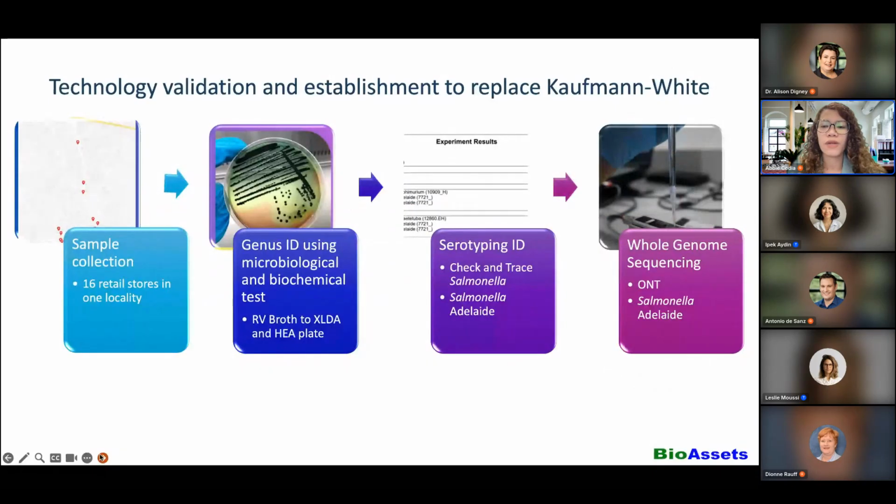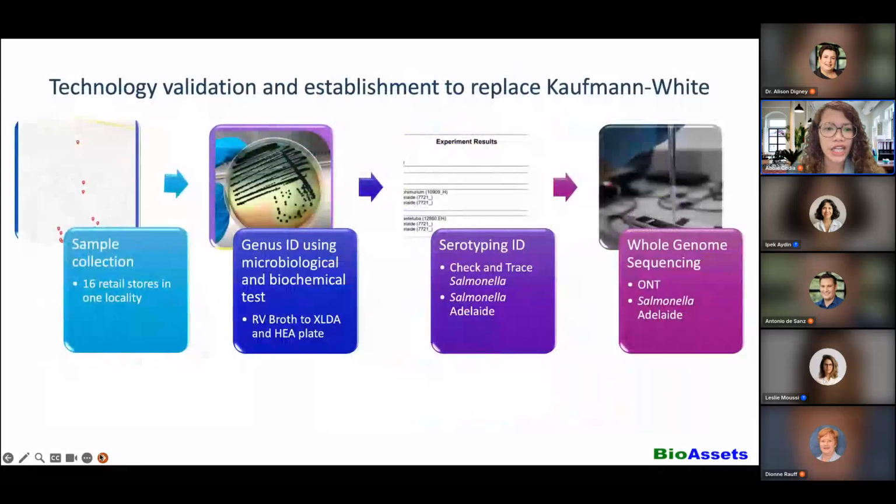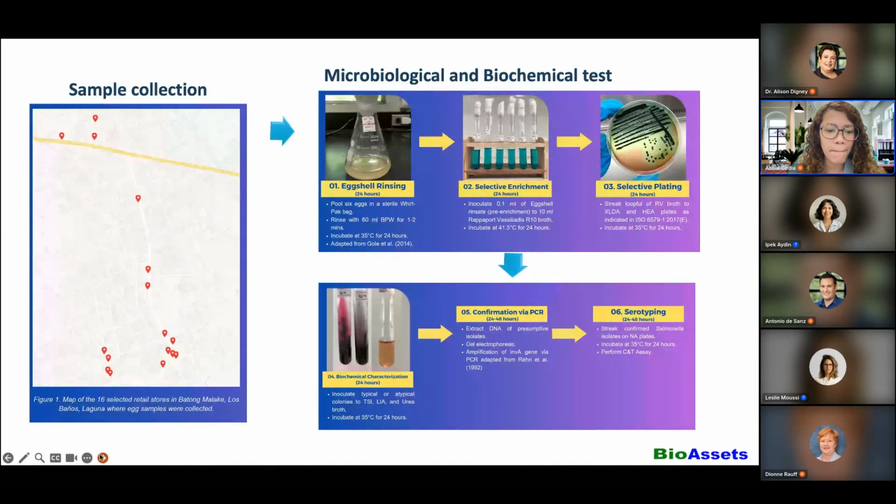With that, we made a collaboration with the University of the Philippines Los Baños undergraduate students on the BS Biology major in microbiology program, wherein they mapped 16 egg retail stores here in Batong Malake, Los Baños, Laguna. So, in one locality.